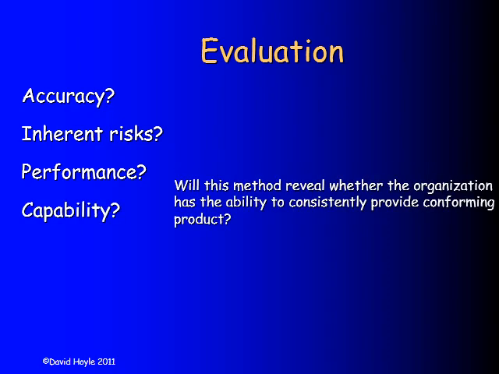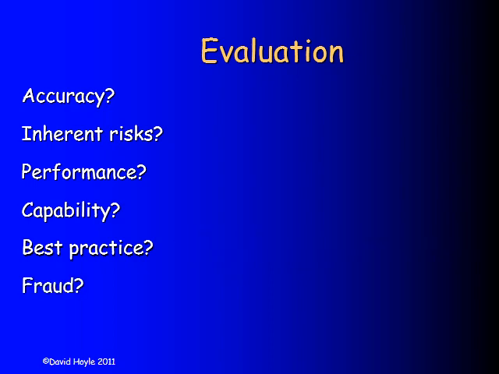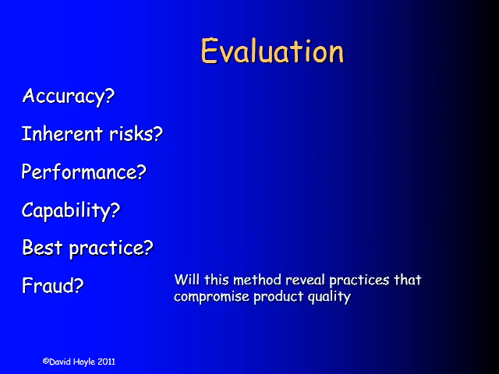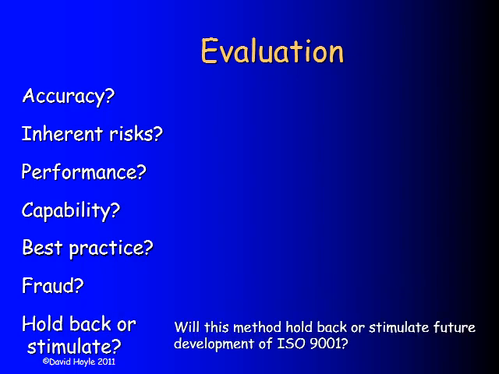On capability, will this method reveal whether the organization has the ability to consistently provide conforming product? Best practice. Will this method reveal whether industry best practices are employed? And fraud. Will this method reveal practices that compromise product quality? And lastly, will this method hold back or stimulate future development of ISO 9001?